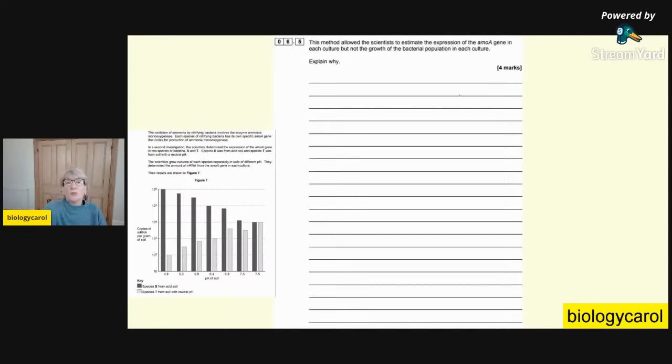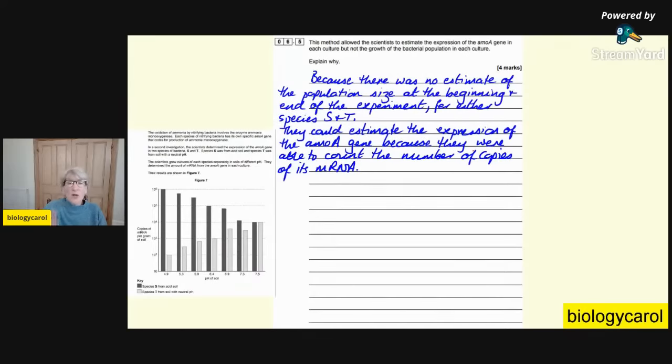The reason I got the 1 mark is because really obviously they couldn't determine the growth of the bacterial population because they didn't measure the number. They had no estimate of the size of the population at the beginning or at the end of the experiment. So clearly they couldn't work out the growth in the bacterial population. And I honestly had no idea what else to write.